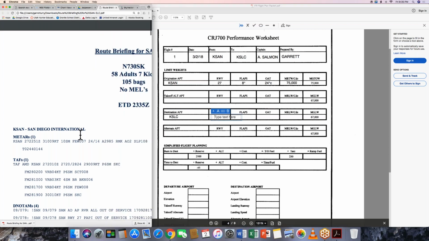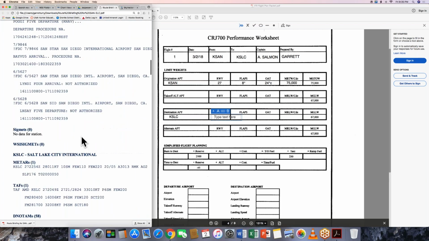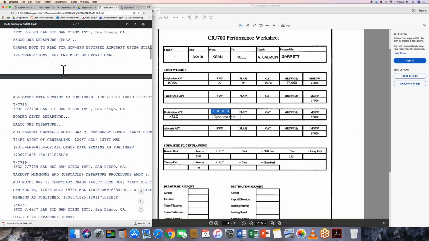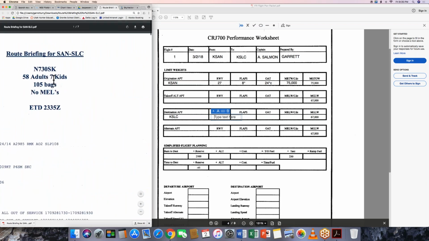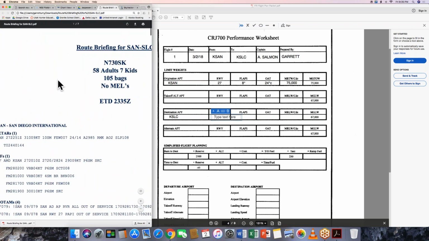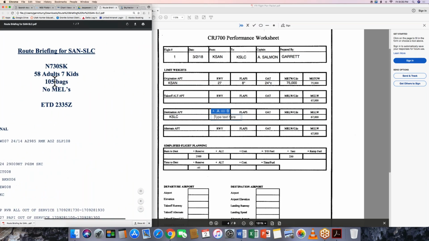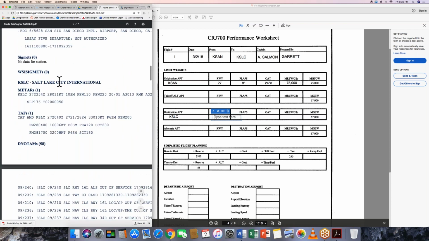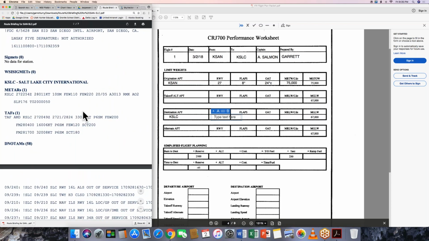Let's just see what our winds are going to be doing. What did we say our ETA was? I believe it was 135, correct? Yeah, 135.